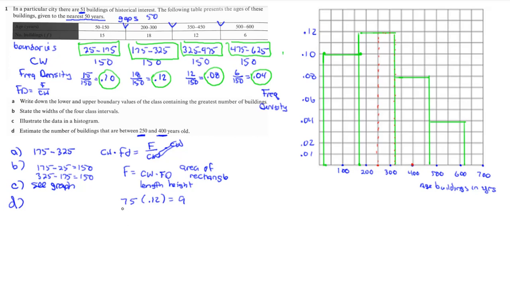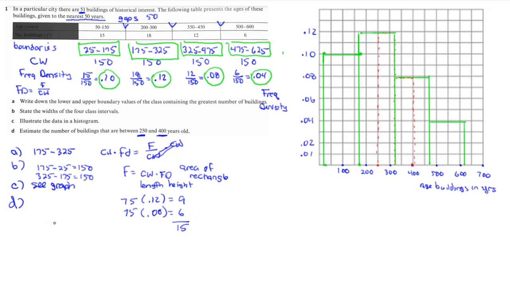So I multiply 75 times its frequency density, which is 0.08. So 75 times 0.08 is going to equal 6. And then when I add those two together, that's going to give me the total frequency of 15.